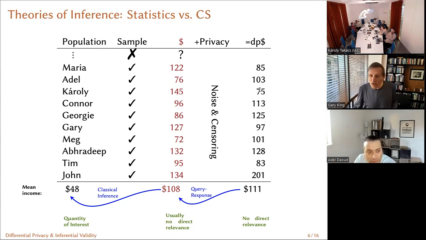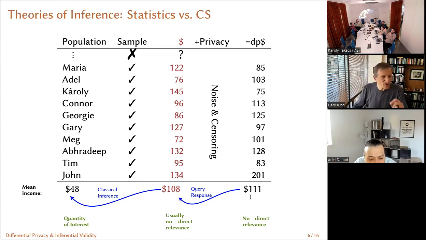Okay, so if you looked at these, even if you could say, oh, this is Connor's number, it wouldn't matter, because you have no idea what the actual number is. You just see this number plus noise. On the other hand, if you wanted something simple like the average in the population, you could average away the noise and you could estimate that, but you wouldn't be able to know any individual.